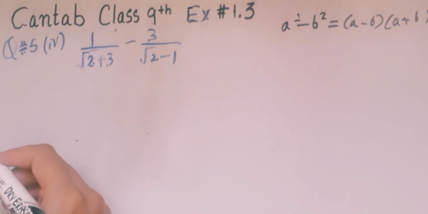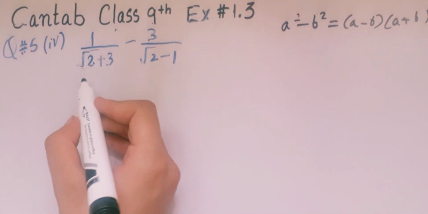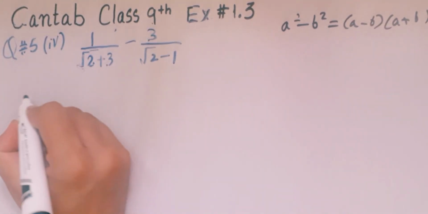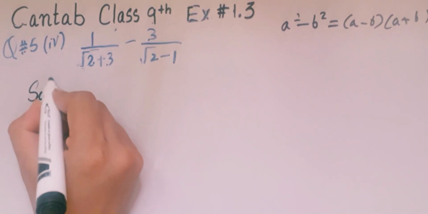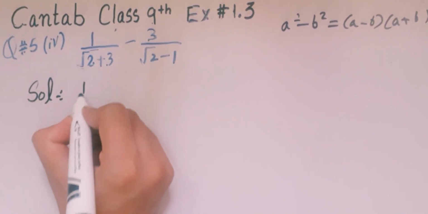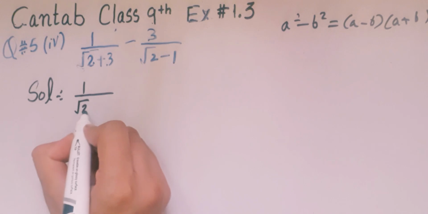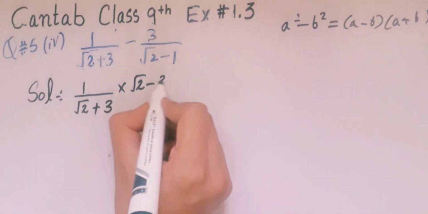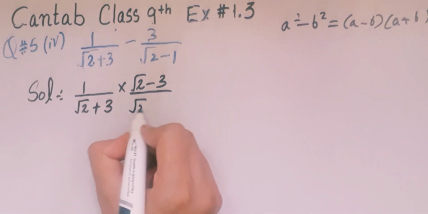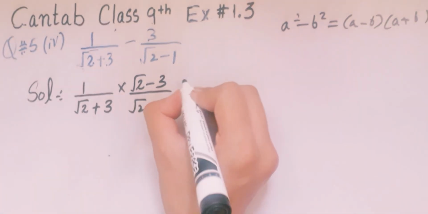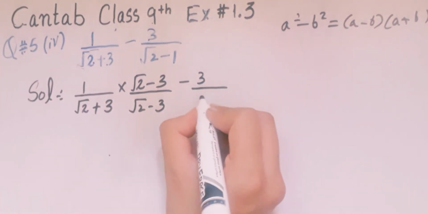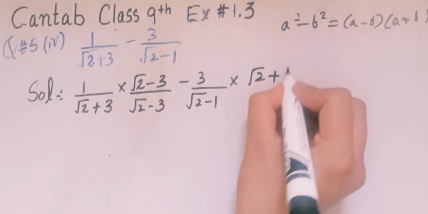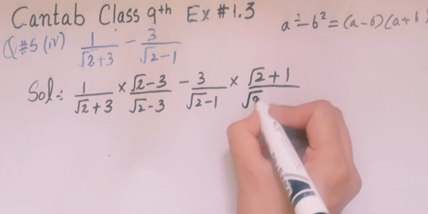Now in the last part we have 1 by square root of 2 plus 3 minus 3 into square root of 2 minus 1. We will solve this. 1 by square root of 2 plus 3 multiply by square root of 2 minus 3 by square root of 2 minus 3, minus 3 into square root of 2 minus 1 multiply by square root of 2 plus 1 by square root of 2 plus 1.